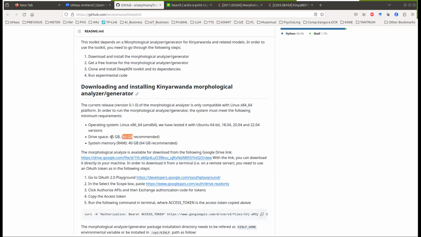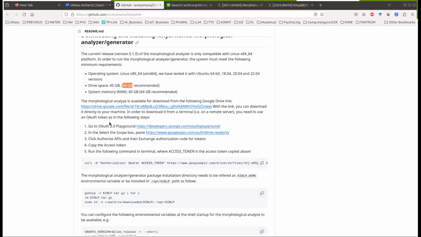So usually this is something you run on a professional workstation or a server. It requires about 45 gigabytes of storage space and 40 gigabytes of memory. And these are the steps for downloading the morphological analyzer.